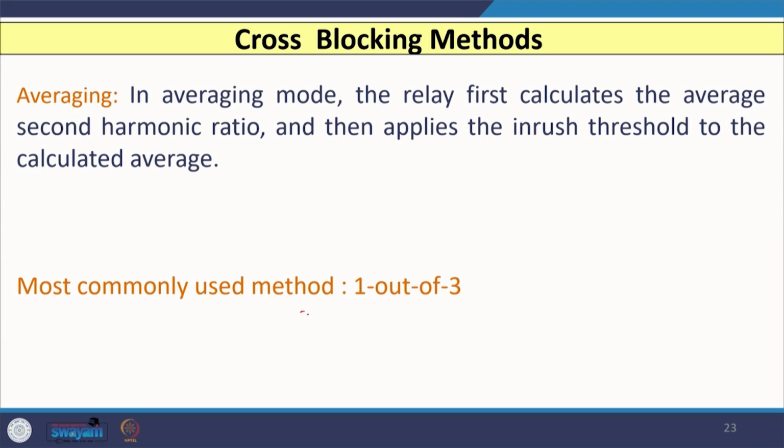Now, out of all these 4 methods which we have discussed, that is the per phase blocking, 2 out of 3 blocking, 1 out of 3 blocking, or averaging method, 1 out of 3 blocking is widely used by most of the utilities, and that is also suggested by most of the relay manufacturers.